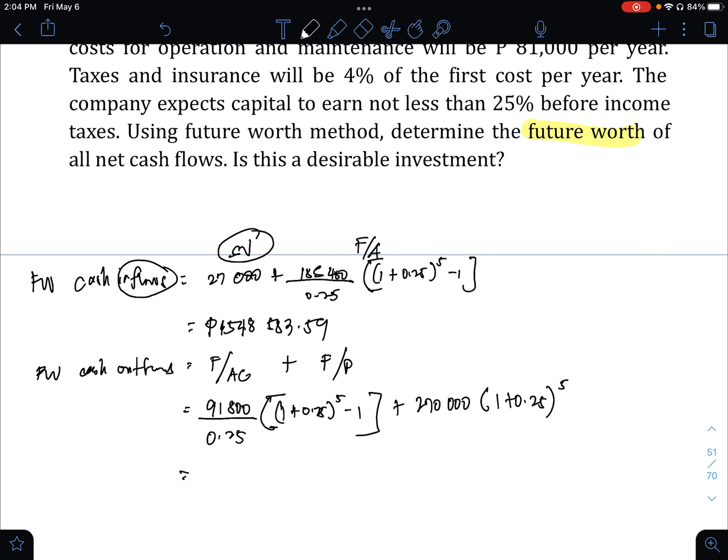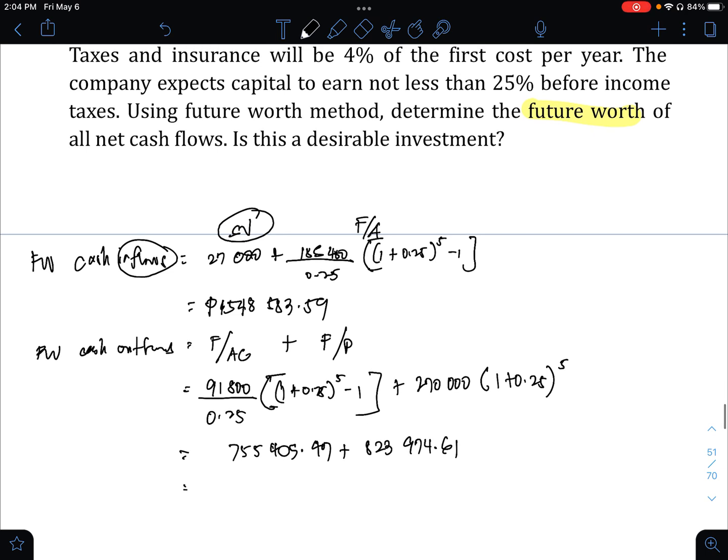So this is 755,405.47 plus 823,974.61. So the total cash outflows in the future is 1,577,380.08.